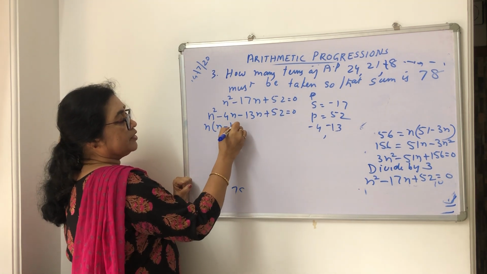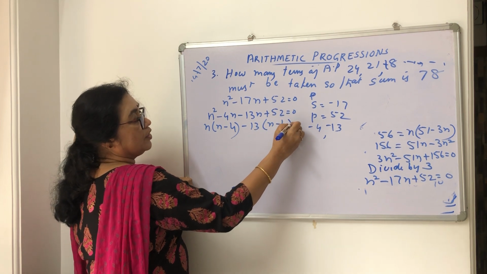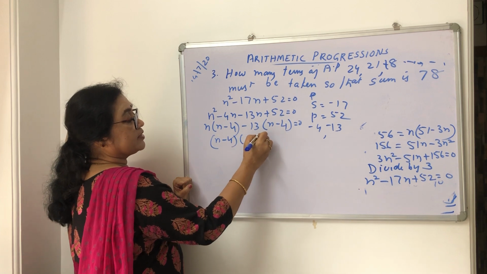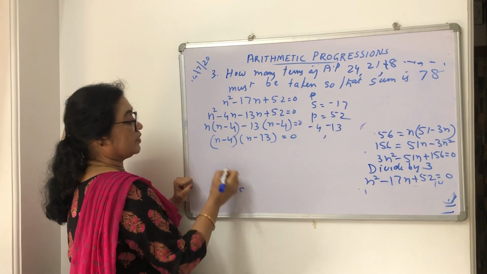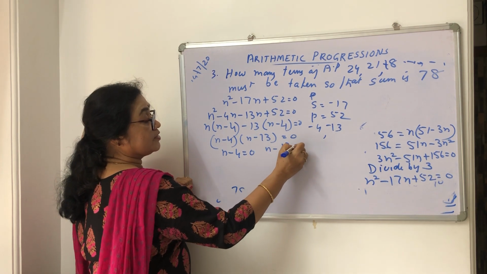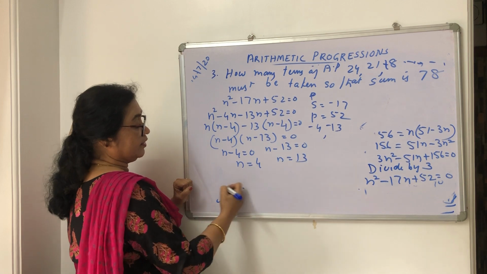N into n minus 4 minus 13 into n minus 4 equals 0. So n minus 4 into n minus 13 is 0. N minus 4 is 0, n minus 13 is 0. N is equal to 4 and n is equal to 13.